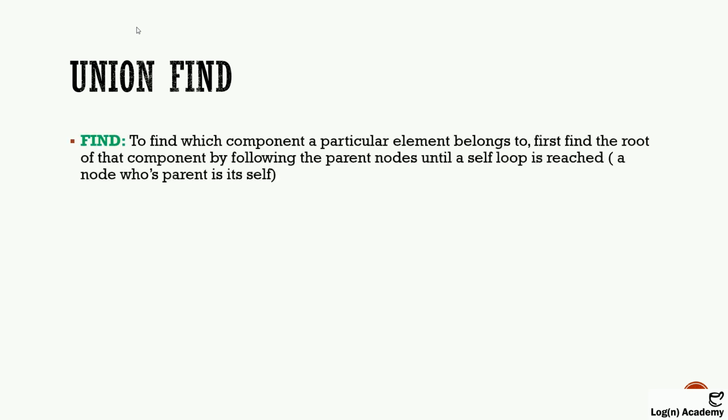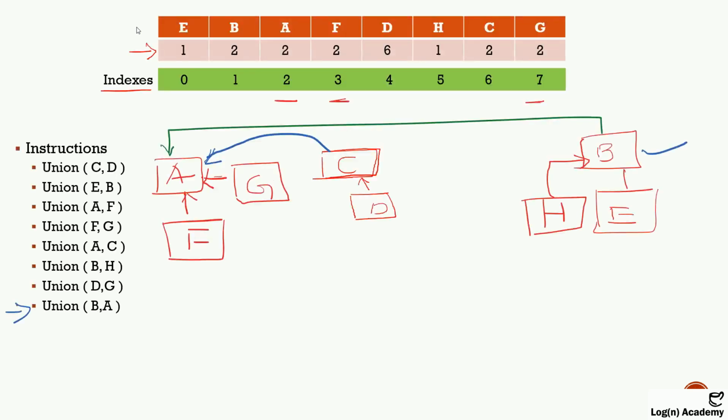Now let's look at some definitions. To find which component a particular element belongs to, first find the root of that component by following the parent nodes until a self loop is reached. As you can see, A here is having a self loop.